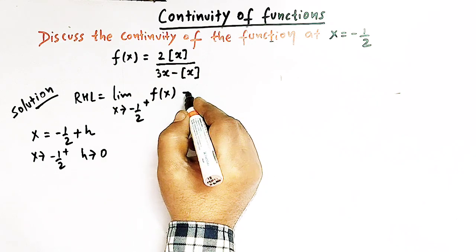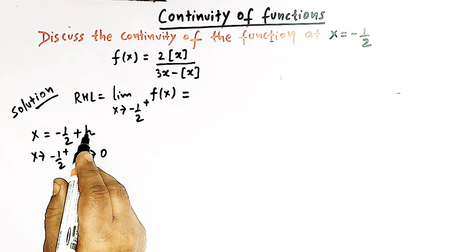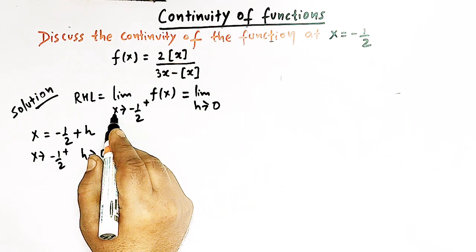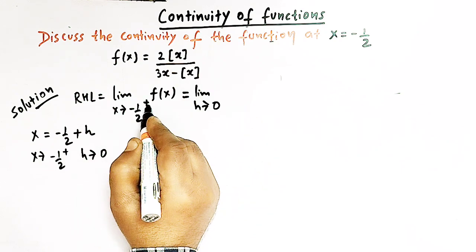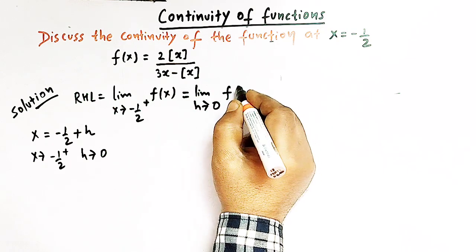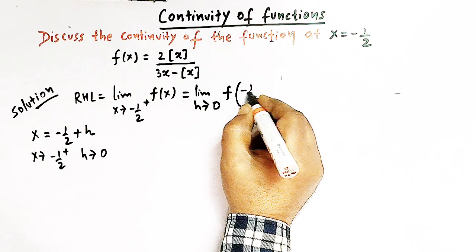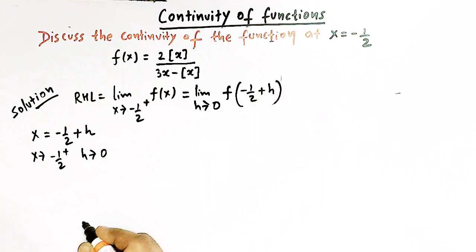So we can now express this limit in terms of h. We have limit h tends to 0, and f of x, where x can be replaced by minus half plus h, right?